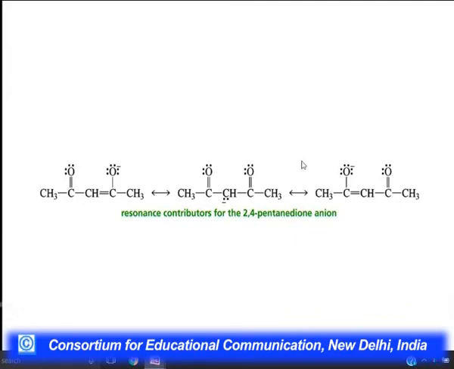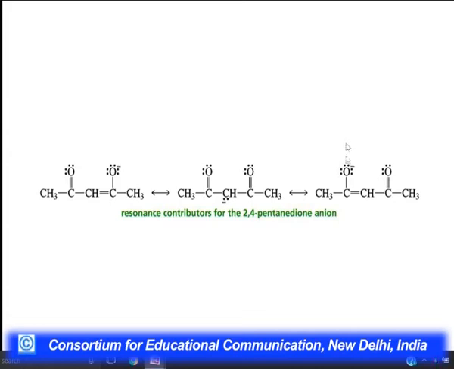Not only this, the enolate ion, in which oxygen has a negative charge, is more stable because the negative charge is on the more electronegative oxygen as compared to carbon. So these hydrogens of the carbonyl groups are more acidic as compared to carbanions derived from sp3 hybridized carbons, supposing I have an ethyl carbanion.